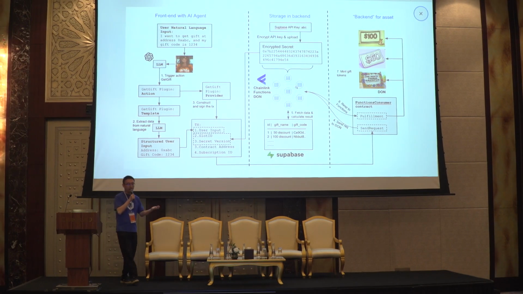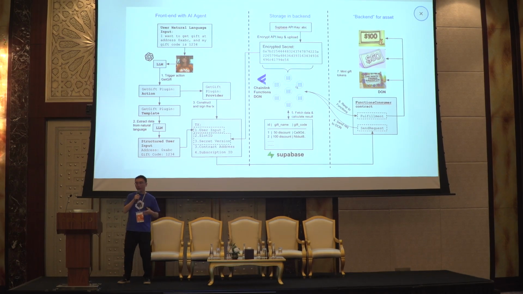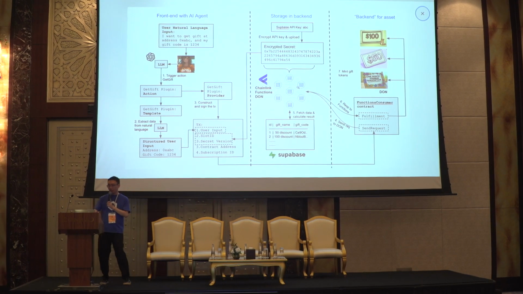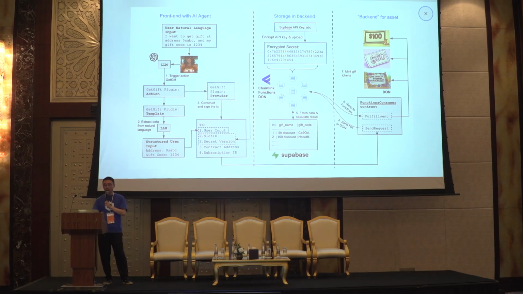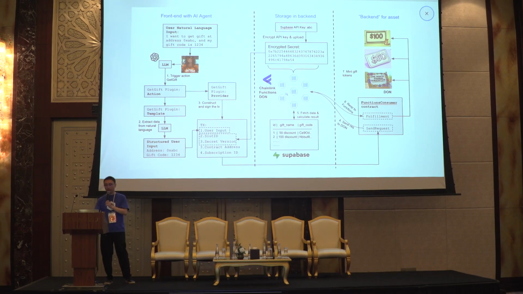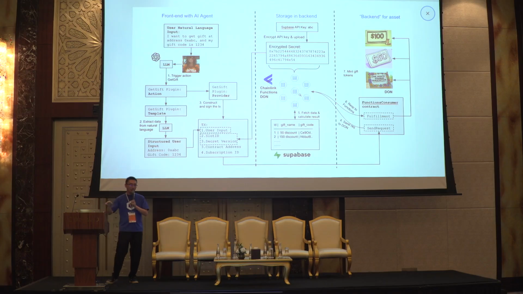And if there is an event emitted, the DON will detect it, and then it will say, oh, someone submitted a request. And this JavaScript code, or any code you want the DON to run, will be sent to the DON. And the DON will run this script, maybe get data, maybe do some computation. For example, in this scenario, the DON will fetch the data from the database and check if this record matches the user input in the Twitter.